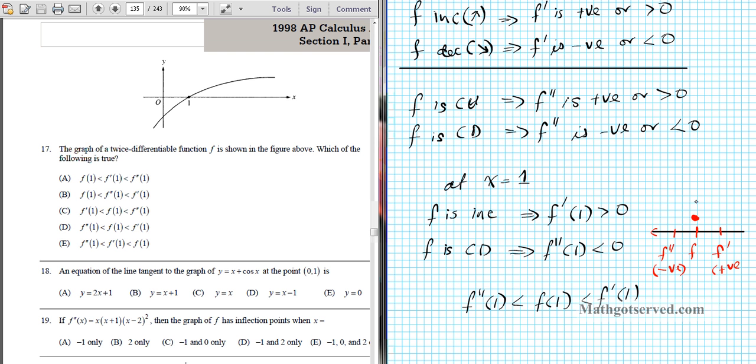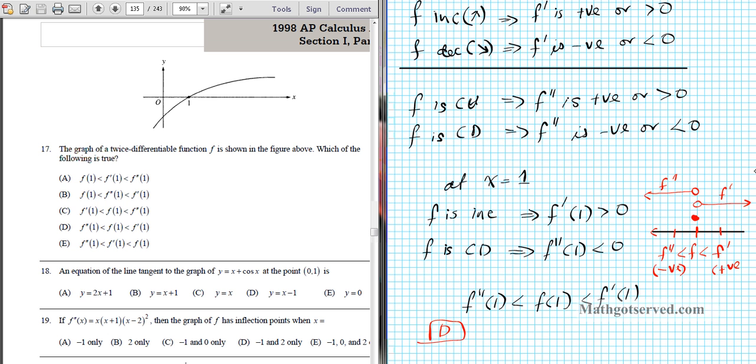And then this open circle here, any positive number will satisfy f prime because it's positive. And this region less than 0, this is where f double prime resides. So using the ordering of numbers on the number line, we can see that f double prime is less than f, and f is less than f prime. All right, so the answer is option D. So our answer is D for this one.